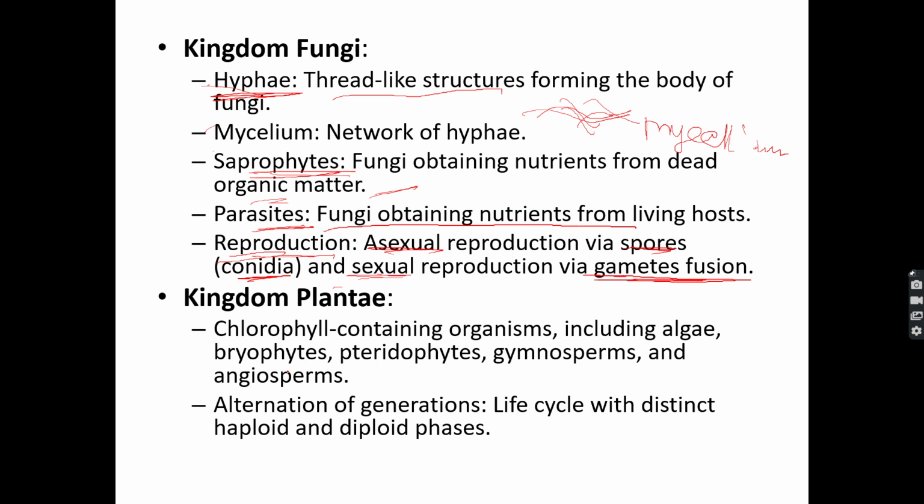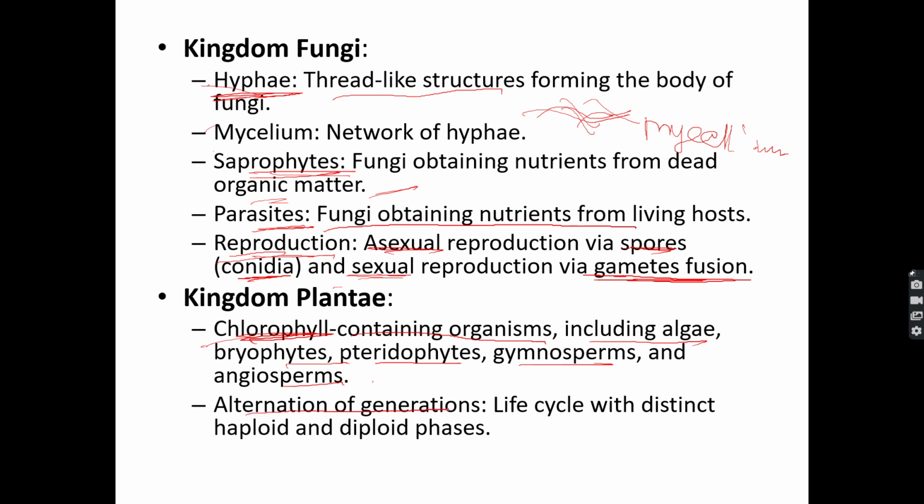Okay, gamete fusion. Now coming to kingdom Plantae. Kingdom Plantae has special characteristics such as they are autotrophic, and they have a cell wall. Chlorophyll-containing organisms include algae, bryophytes, pteridophytes, gymnosperms and angiosperms. These are the different groups of kingdom Plantae.